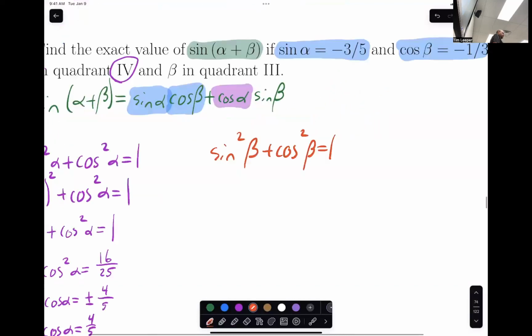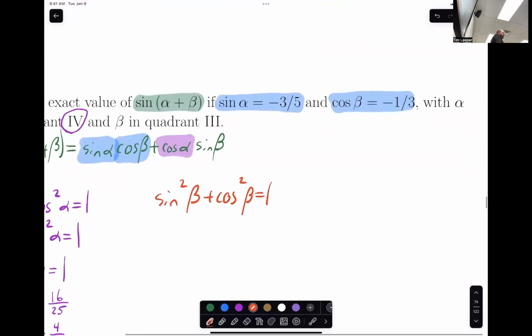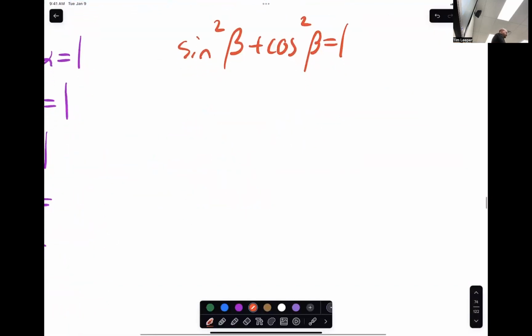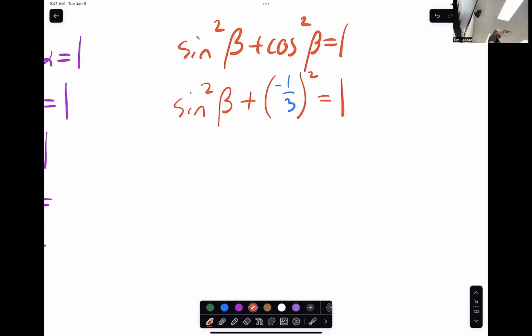What do we know? Well, if we look up here, we know cosine beta was -1/3. So that's going to give me that sine squared beta plus parentheses that -1/3 will be squared, and that will equal 1.